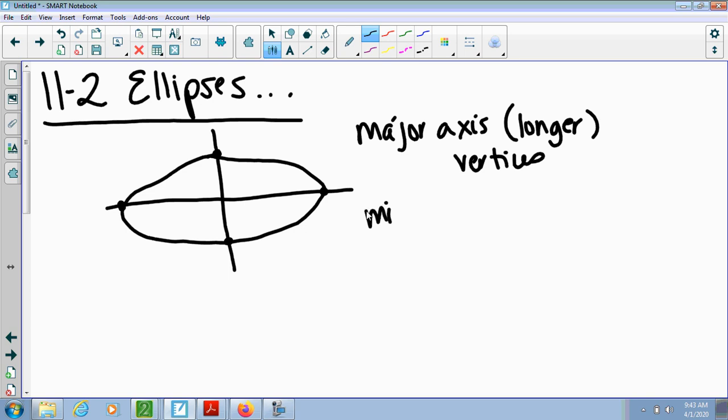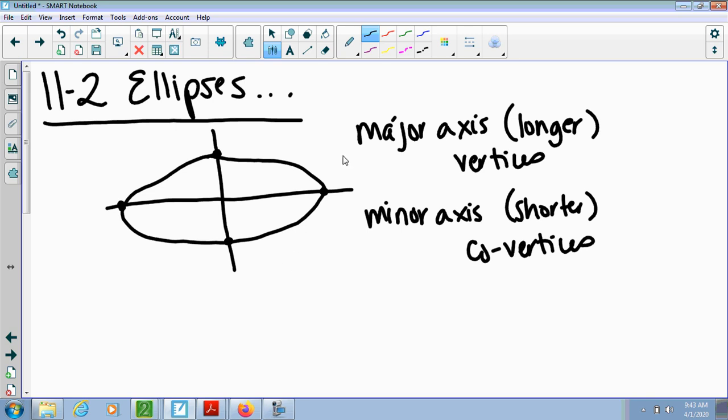On the minor axis, that is the shorter one, those are your co-vertices. And if you're asked for the length of the major axis, you just see how far it is from vertex to vertex. The length of the minor axis is the distance from vertex to vertex on the minor axis.